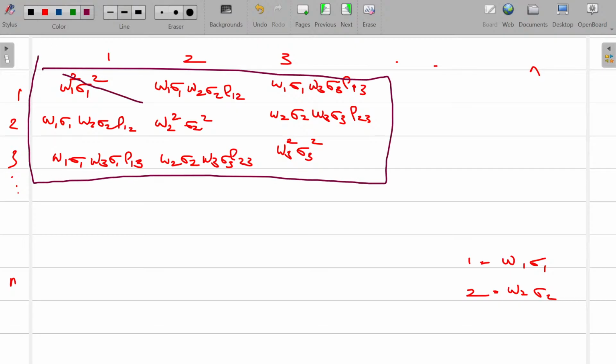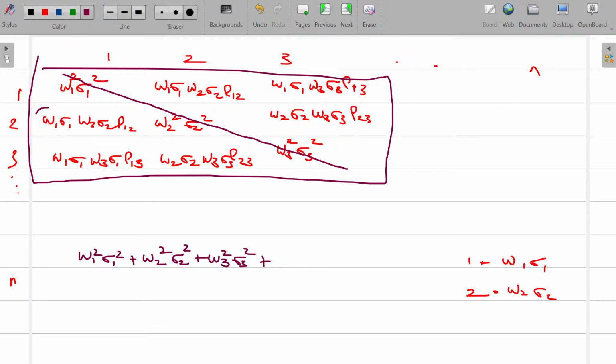First, I'll write these values: W1 square, standard deviation 1 square, W2 square, standard deviation 2 square, W3 square, standard deviation 3 square, plus.